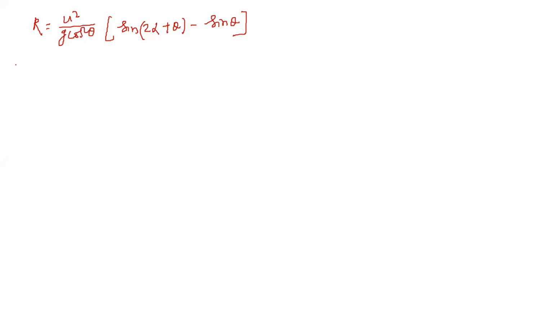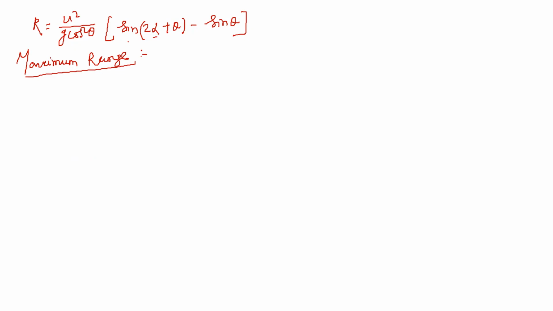Let's go to what is the expression for maximum range. When will the range be maximum? Students, we want to find the angle alpha for which the range of the projectile is maximum on an inclined plane.